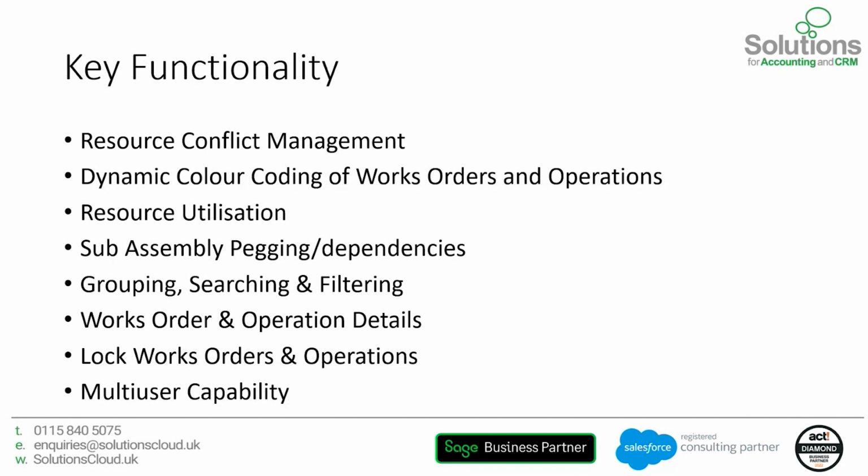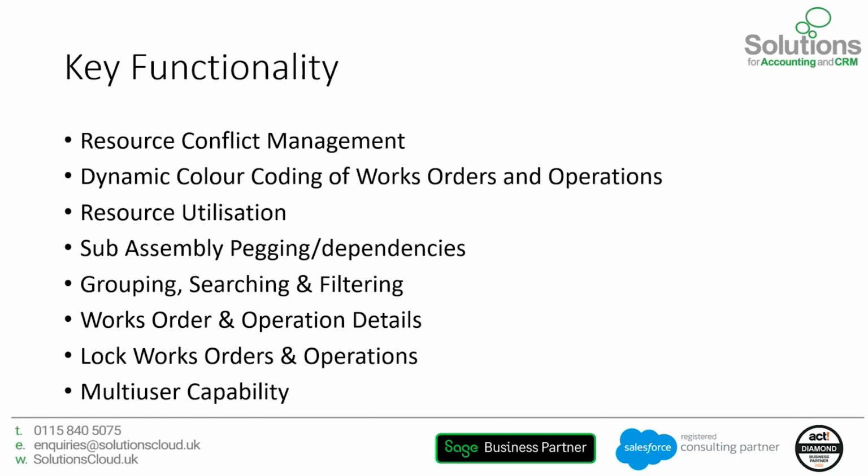What that means in terms of the pegging is that if I have different operations within the same works order, or sub-assemblies where I'm making items that need to go into future works orders, if I move out an operation or a works order, the system will automatically move out any subsequent operations or works orders against that.